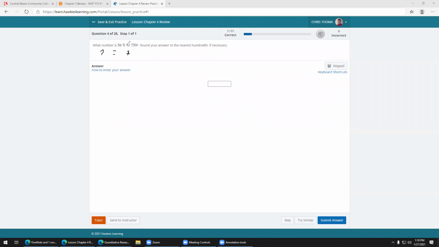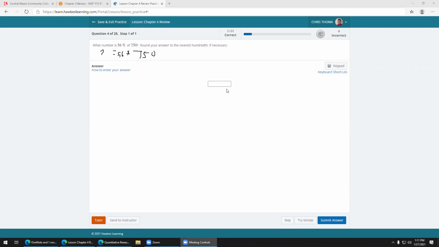So you have to take the percent away. That becomes 0.56. You move the decimal 2 places to the left to put it in decimal form, or you can divide by 100. Of means to multiply. So I am just going to type in 0.56 times 750 equals 420 in my calculator.